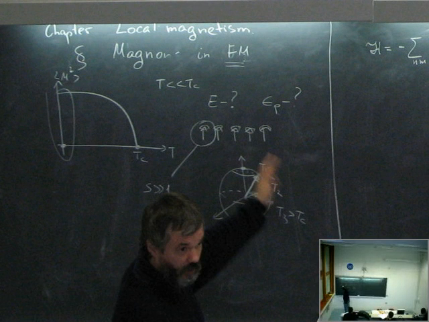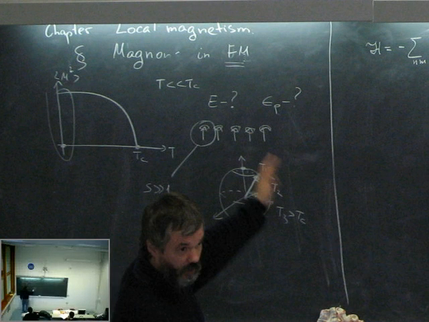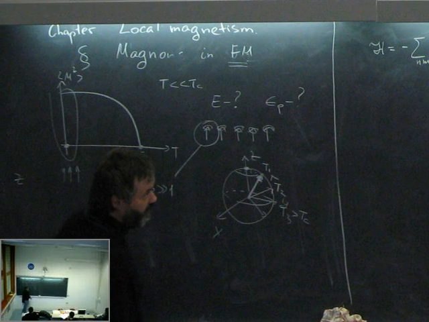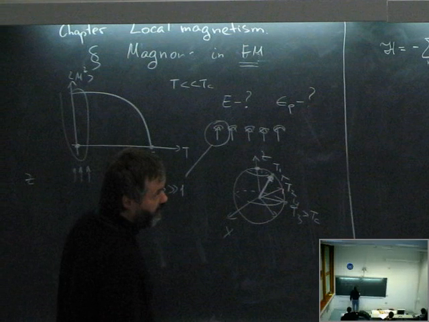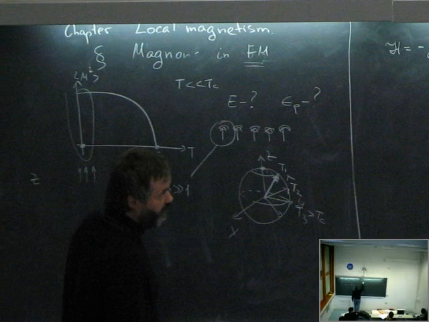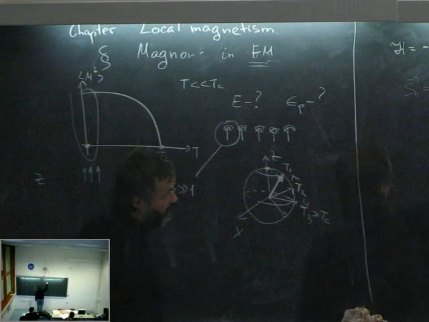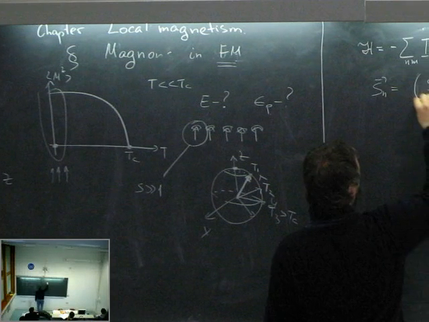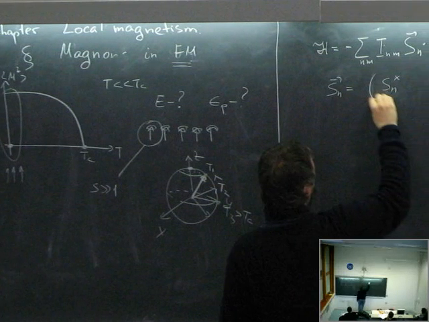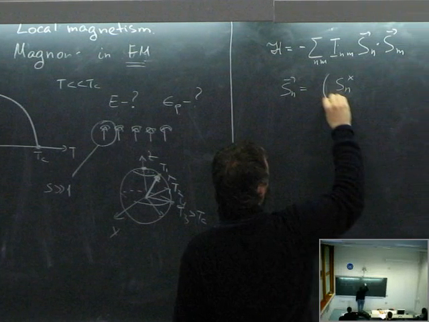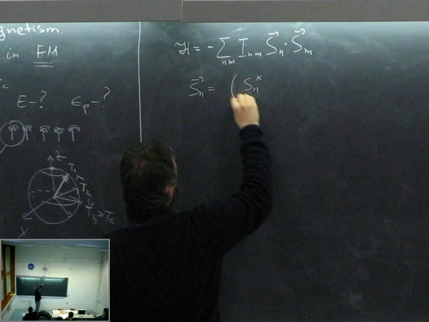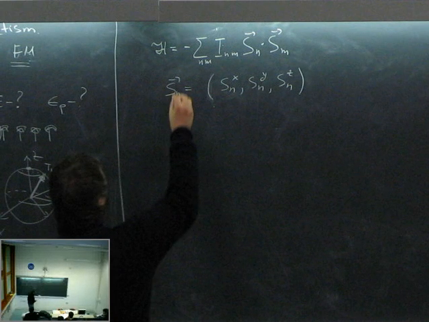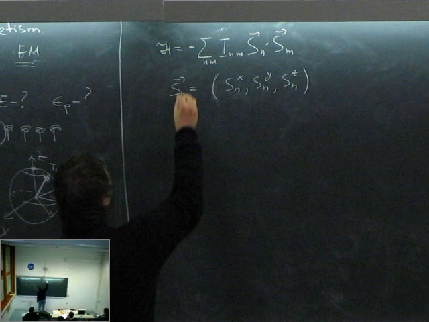So now I identify what my z-axis is, and then I would like to identify the xy plane. So spin is a quantum operator. We can write down that S n is S n x, S n y, S n z. So this is a three-component quantity. Of course, this is an operator, a three-component operator.